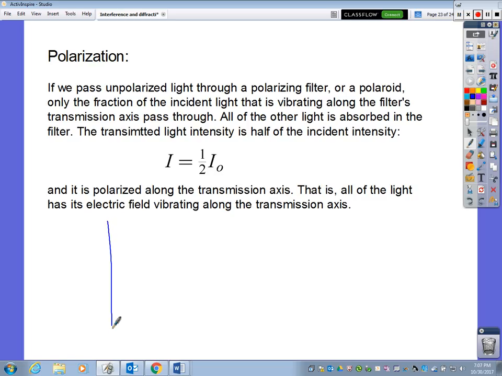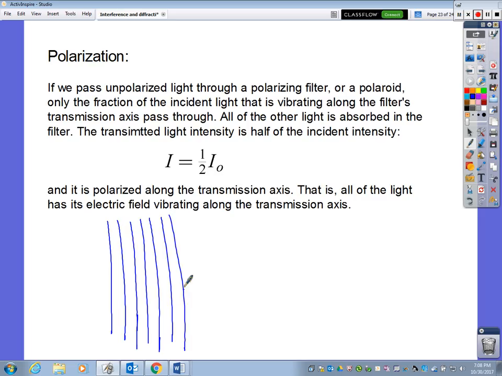So you can think of it as these long parallel molecules, like a picket fence, and they let light through only if the electric field is vibrating along the axis. Light that's parallel to the axis gets through, light that's polarized perpendicular doesn't get through.